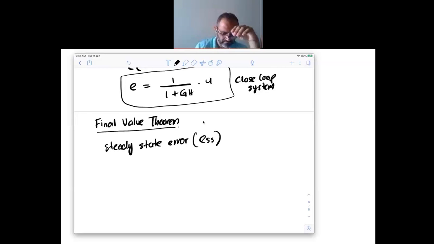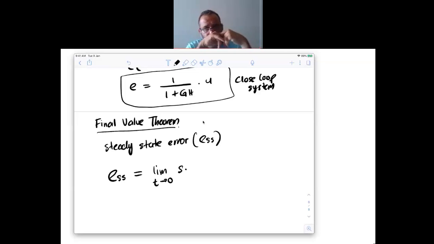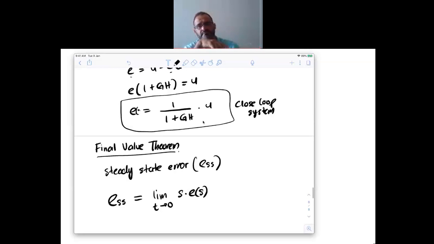So the final value theorem says when you want to find ESS, it is equivalent to limiting time to infinity of S multiplied by your ES. Okay, it must be S multiplied by your ES. What is ES? This is your ES.